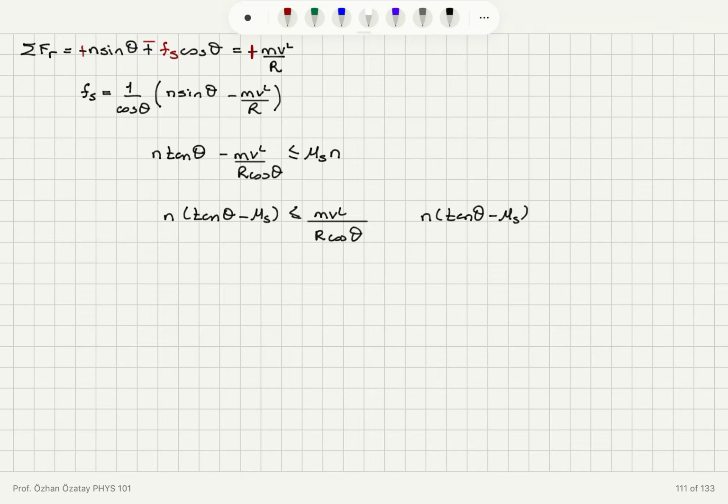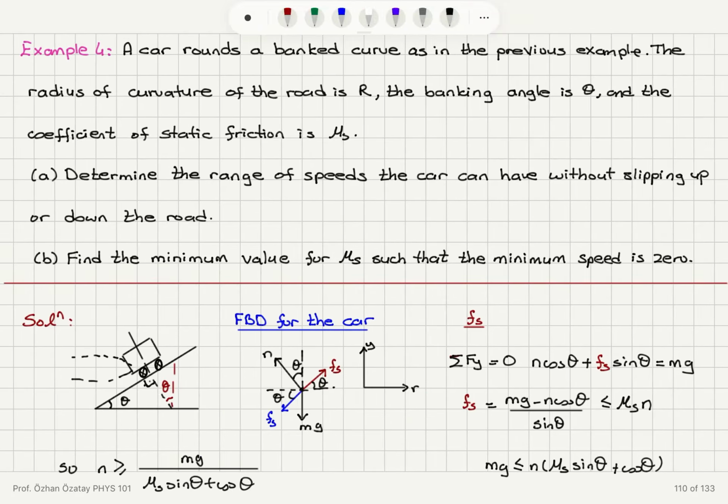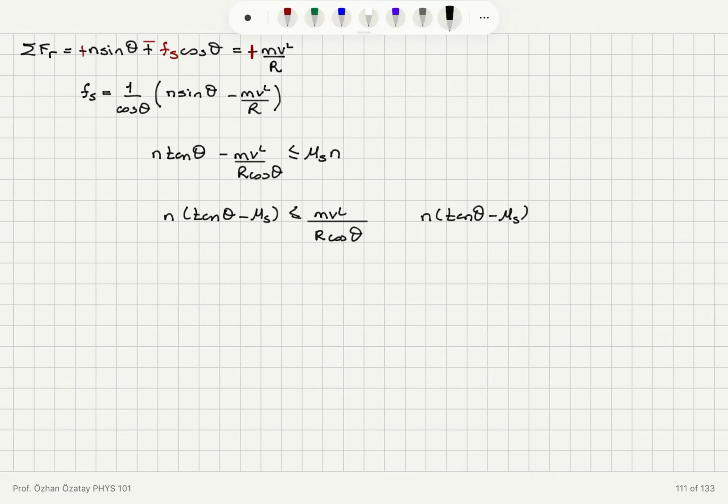So this is coming from the previous inequality that we have obtained here. So I'm multiplying this with tangent theta minus mu s. This is greater or equal to mg tangent theta minus mu s divided by mu s sine theta plus cosine theta.